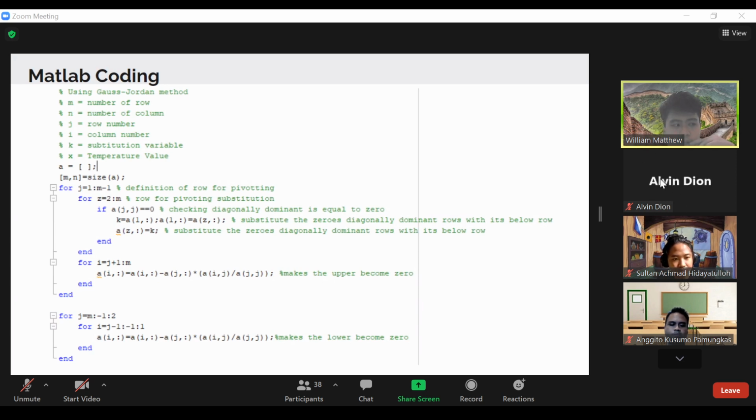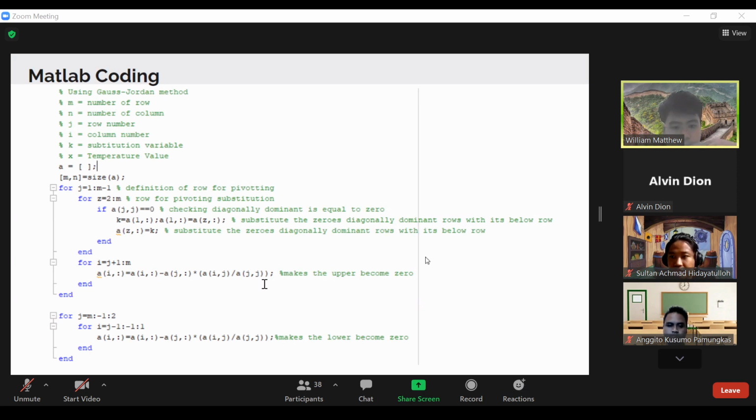So it will make sure that the elements on the diagonal will not be 0. And that's why this is the coding. If a jj equals 0, it means that we are checking whether the diagonal element is equal to 0.